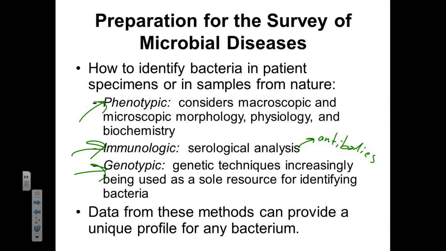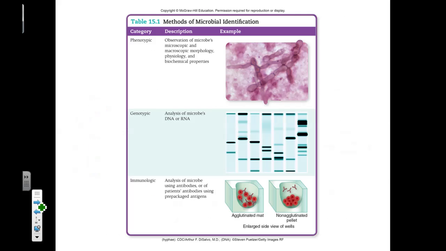And the workhorse of our genotypic methods are the thermocyclers performing polymerase chain reaction and then dumping that DNA into an electrophoresis chamber to separate out the DNA. Based on data from all three of these fields, we can then identify our unique bacterium or other microorganism.